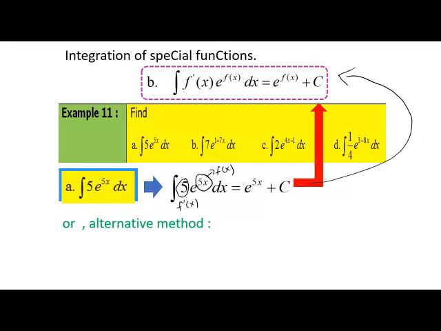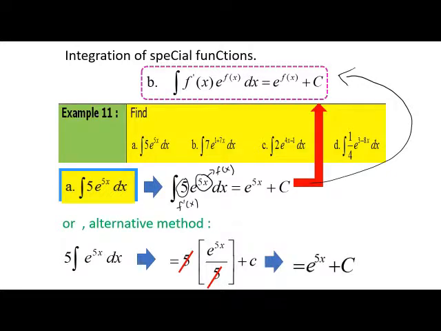Or an alternative method, we may factorize 5, put it outside the integral symbol, e to the power 5x dx, and then it will be equal to 5 e to the power 5x over 5 plus c, and then simplify, you're going to have also e to the power 5x plus c.